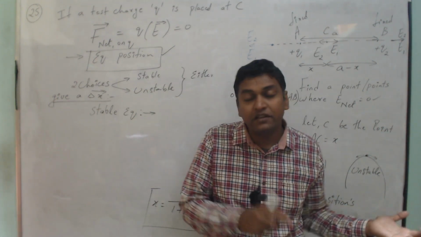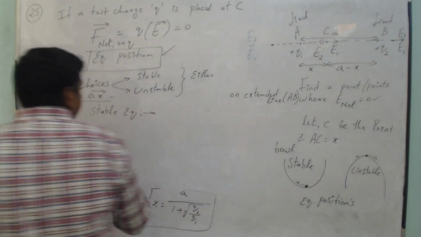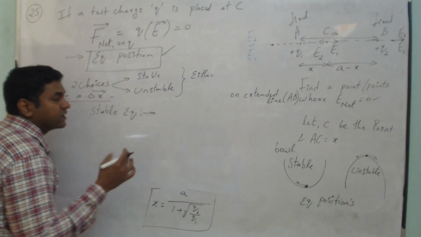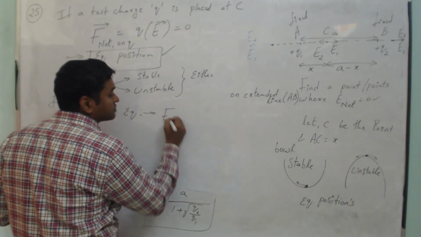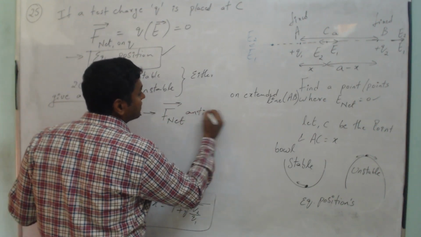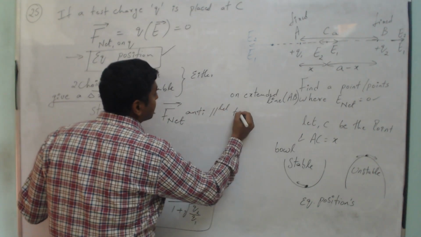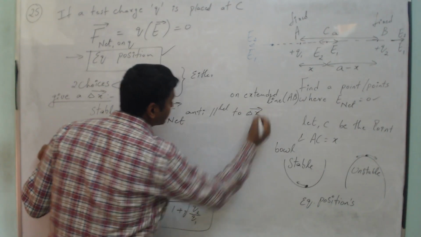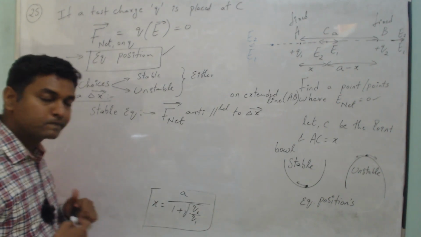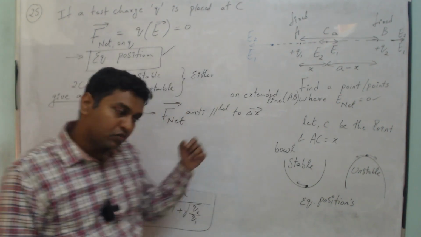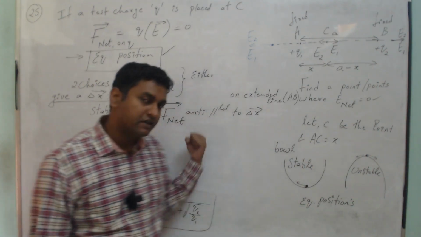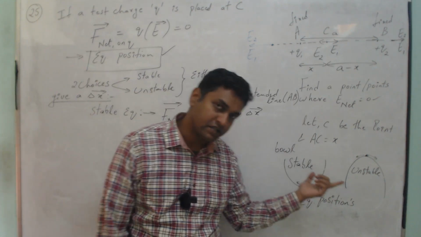So the idea is, for a displacement delta x, my net force vector should be anti-parallel to delta x. If it is anti-parallel to delta x, then it will be stable equilibrium. If I move it right side, anti-parallel force should be left side. If I move it left side, anti-parallel force should be right side.